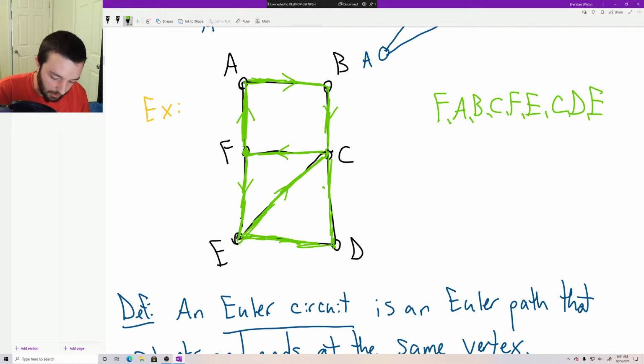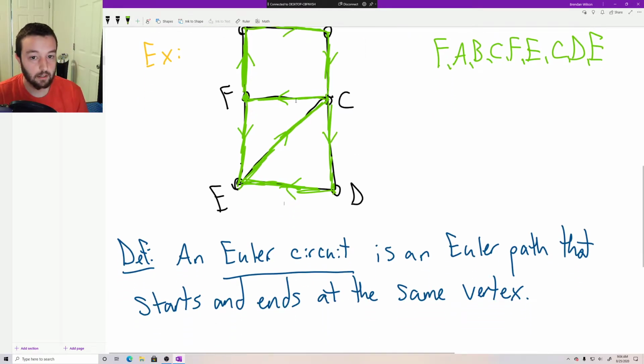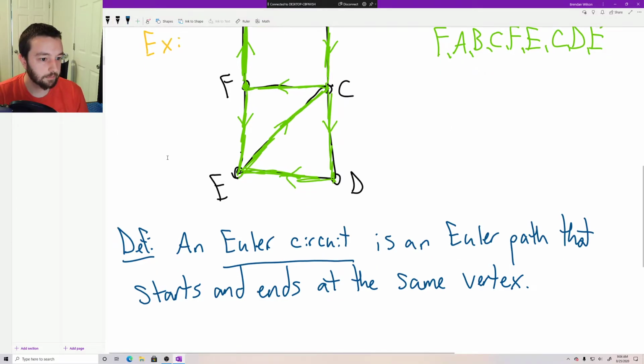So this is the way that we went. All right. So you either want to put the directional arrows or you want to write the path out here. One or the other. Or both. All right.